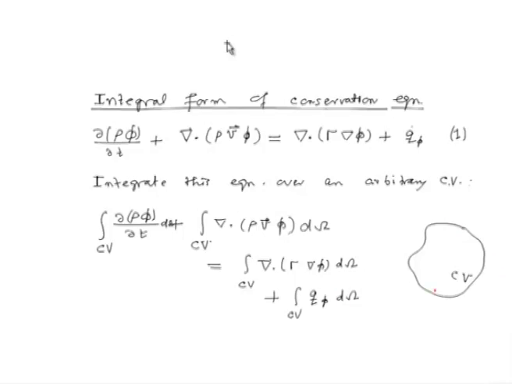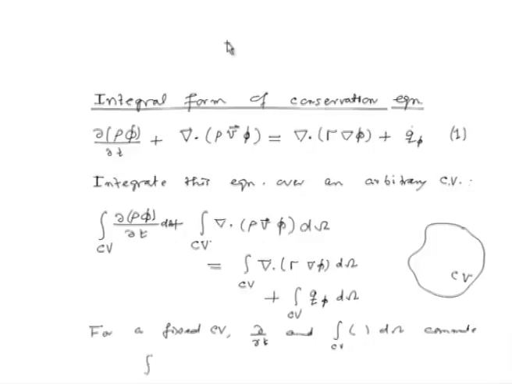Now, since the CV is fixed, we can interchange this time derivative and integral operation. So, for a fixed CV, del by del t and the integral over CV d omega commute.